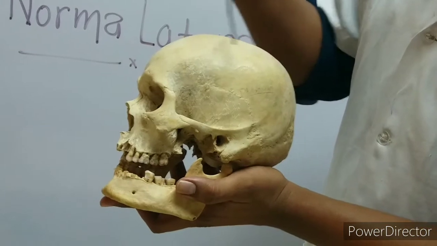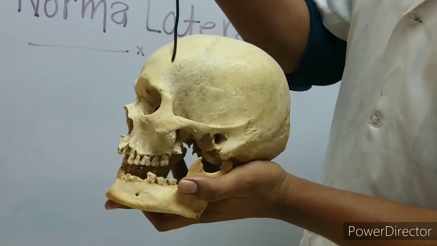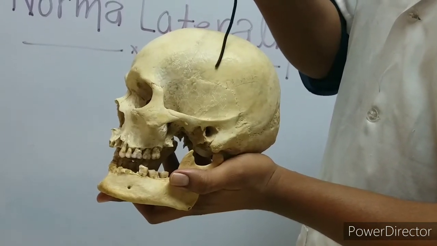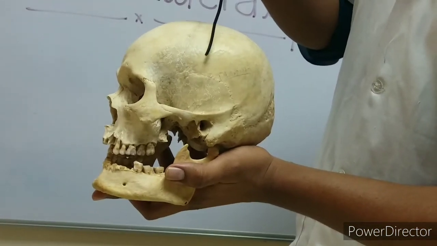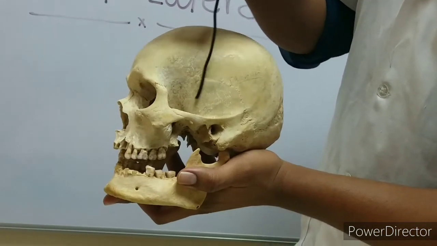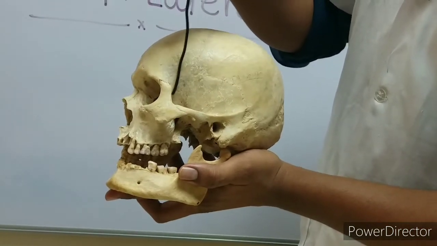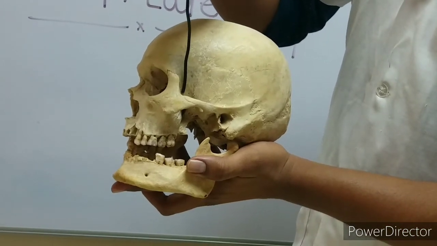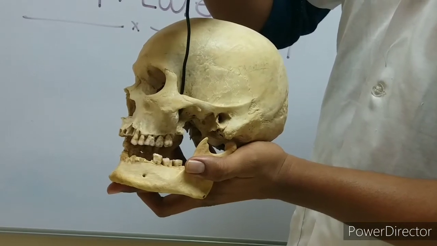So what are the bones? First you can see this bone is the frontal bone. Posterior to that, behind the coronal suture, is another bone, the parietal bone. Below that is the temporal bone, and in front of it is the sphenoid bone, and this part is called the greater wing of sphenoid.